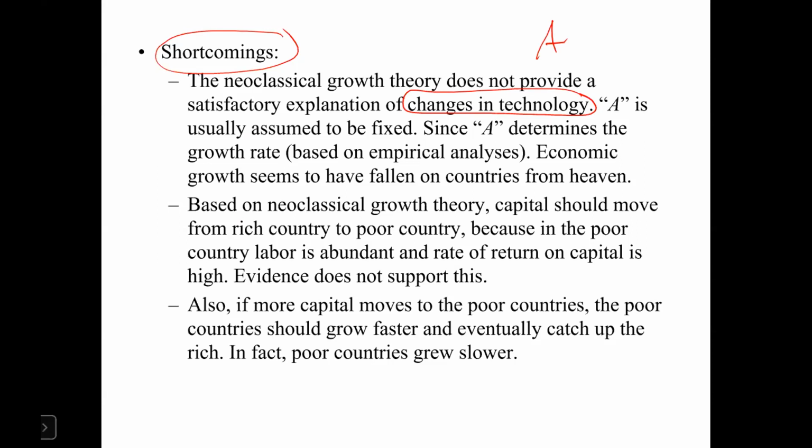This is first. Secondly, this model suggests capital should move from rich countries to poor countries. Why is that? Because in poor countries, labor is abundant and the rate of return on capital is higher. Let's think about the graph. The rich country probably is here, the poor country is here.